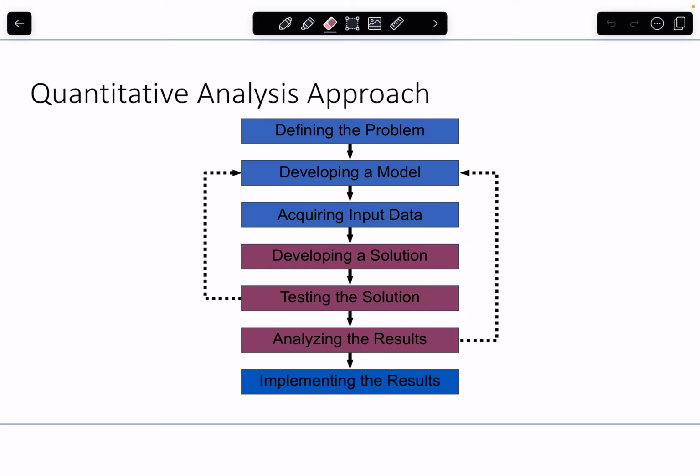If that is the case, then we have to go back to our model. That solution is not feasible.